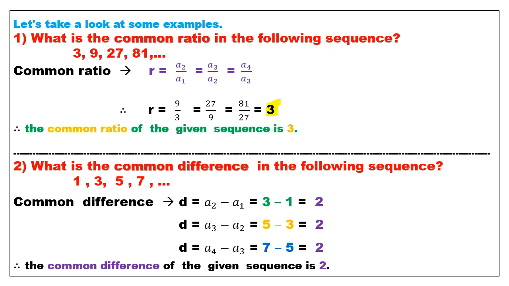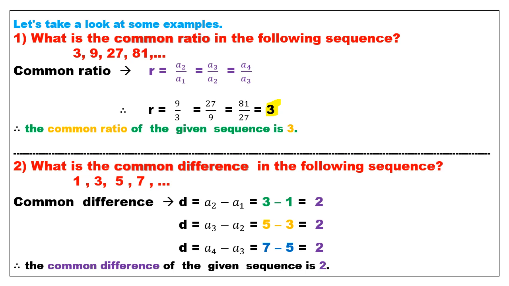Same as a3 divided by a2. The a3 value is 27, that means the third term of the sequence is 27, and a2 means the second term is 9. Now divide 27 by 9, the result is 3. Same as a4 divided by a3. a4 means fourth term divided by third term, its preceding term.